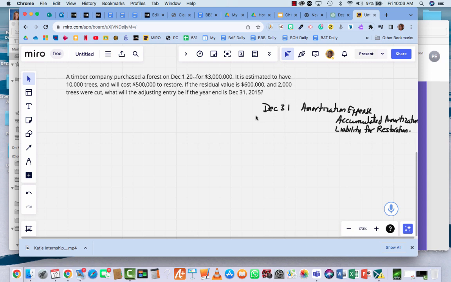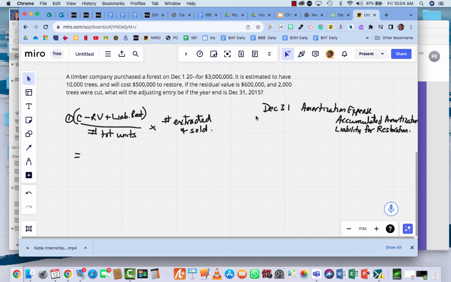So our first formula, in order to calculate our amortization expense, is cost minus residual value plus liability for restoration divided by the number of expected units or total units, and we're going to multiply that by the number of units extracted and sold.